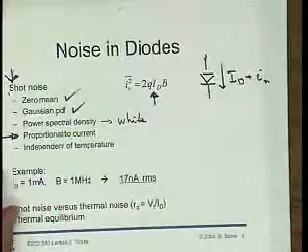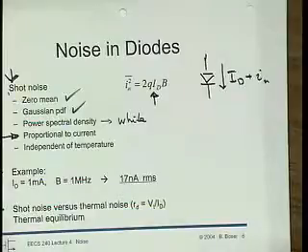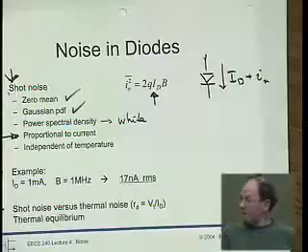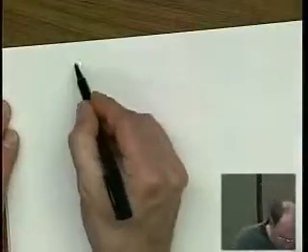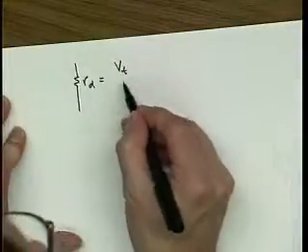But if I go to the small signal model, then of course a diode is nothing but a resistor. So I could compare the noise from a small signal diode to the noise from a small signal resistor, which is the same as the large signal resistor, of course. Let's do that. That's sort of interesting. On one hand, we have here this RD, which is equal to VT over ID.